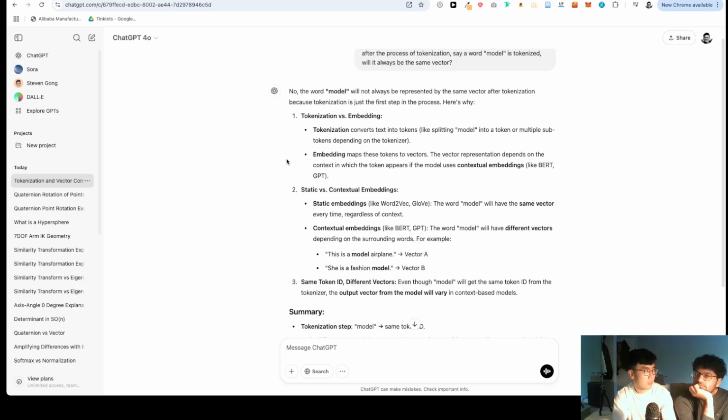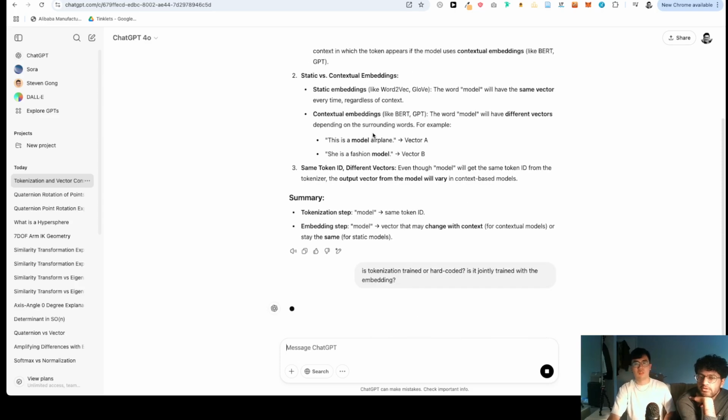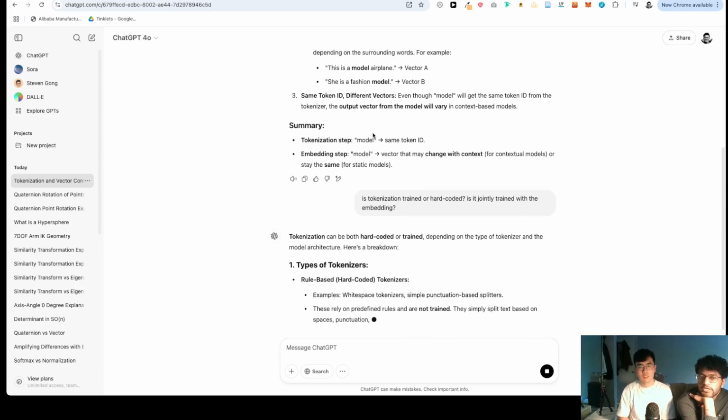How do you know how to tokenize if you don't have embedding? I might be wrong, but I think the tokenization process is probably a design decision, but the embedding is trained jointly. But they might even do joint training too. Oh, okay. It could be hard coded.